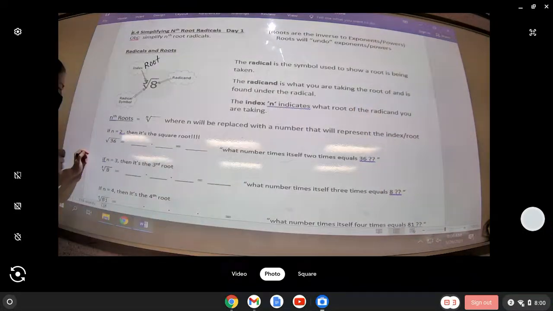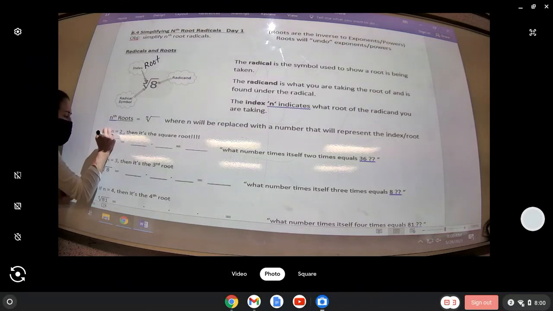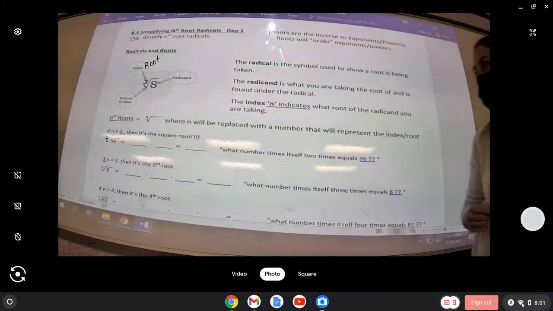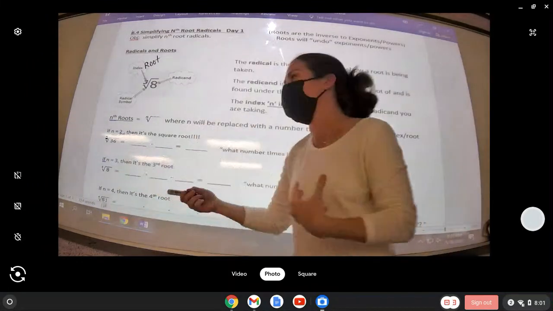However, I hope you realize that the square root symbol didn't have a number there, didn't have an index showing. That's because there is no first root. We don't take the first root because really that's just the number itself. But if there's no number written there, it's assumed to be 2. So when there's no number written as the index, it's assumed to be an index or a root of 2. And then think about what it means.